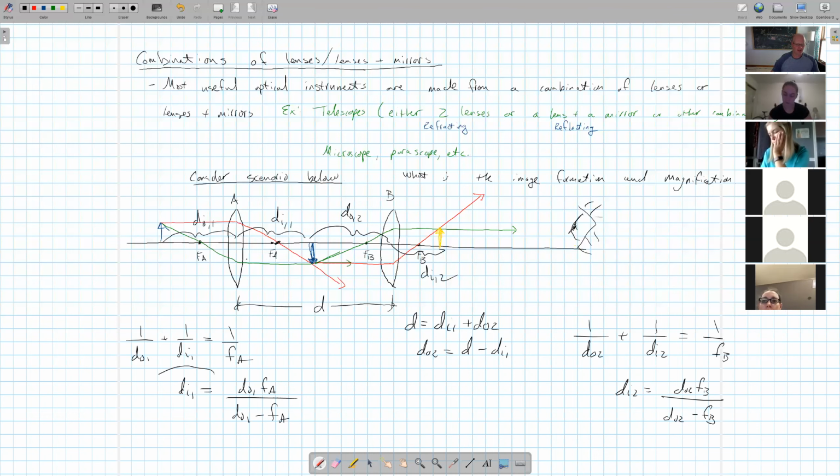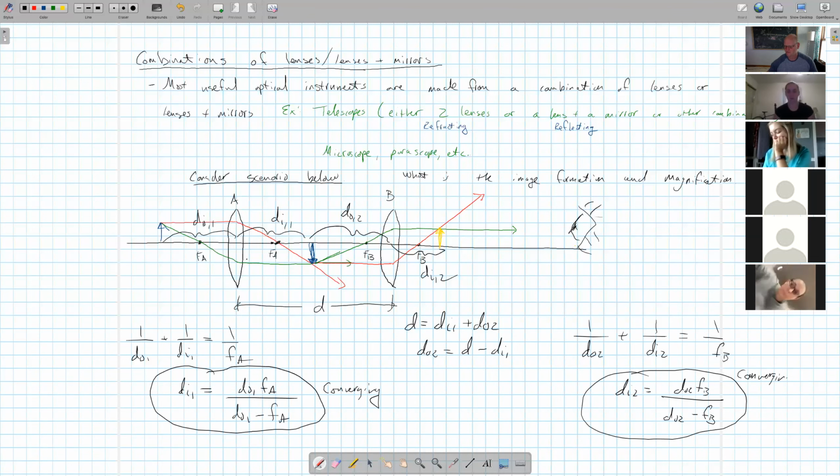Now again, be a little careful with what we wrote down. This is only true for a converging lens. This is also only true for a converging lens. But this statement here, which I'm going to write in red, is always true, regardless of the type of lenses that we're using.